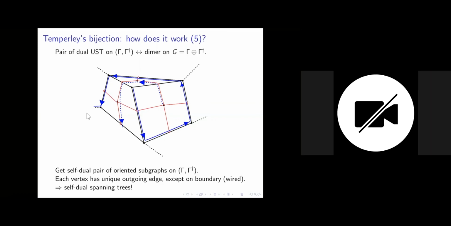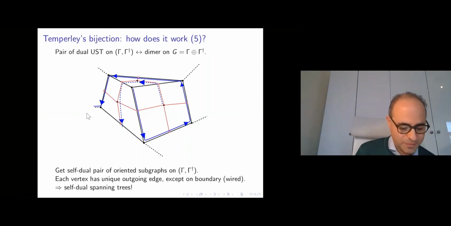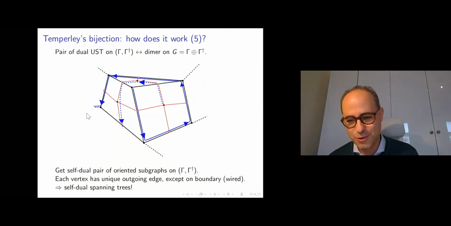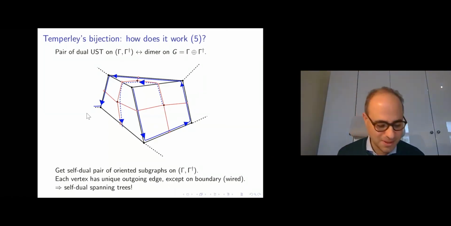And the reason for that is that, yeah? You seem to have shown that they're forests rather than trees. I don't see that you get connectedness necessarily. Right. So a full proof would require a bit more arguments, perhaps.